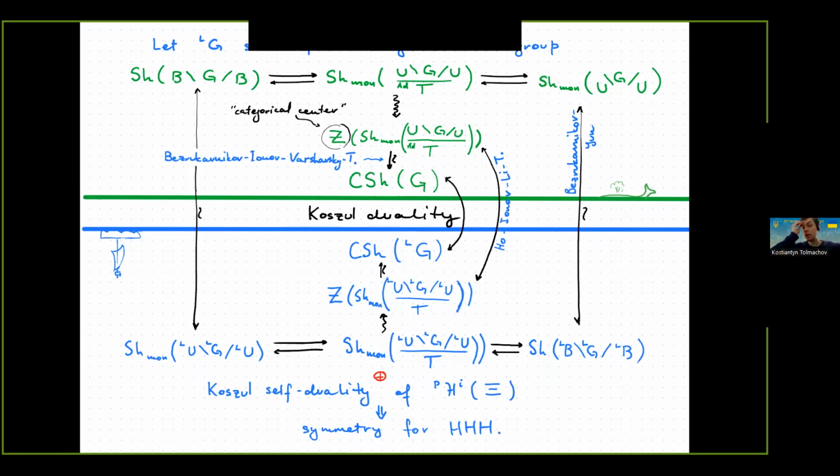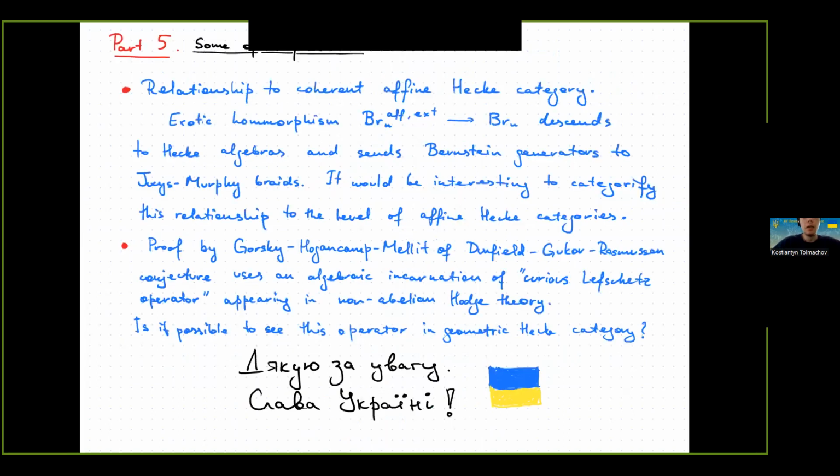And now, together with the fact that the triply graded knot or link invariant is categorified by a certain character sheaf, if we can prove that the corresponding character sheaves are Koszul self-dual, this would mean that Koszul duality acts on the corresponding link invariant, and so gives an additional symmetry of this invariant. And this is what we do in this work in progress with Ho, Ionov, and Lee.